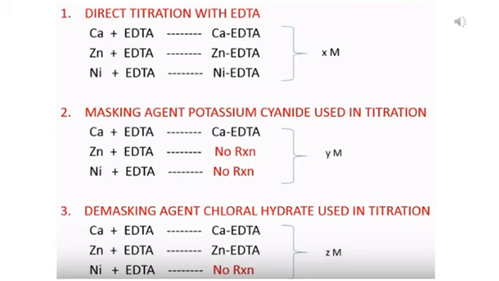So nickel will not react with this EDTA, it will not form any complex. There are two metal ions that form complexes, calcium and zinc. So here nickel is masked and calcium and zinc can react with EDTA. We give this the name Zm.